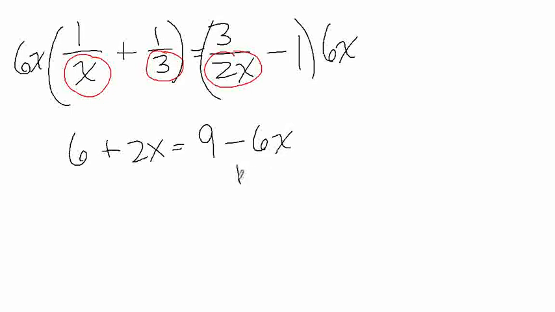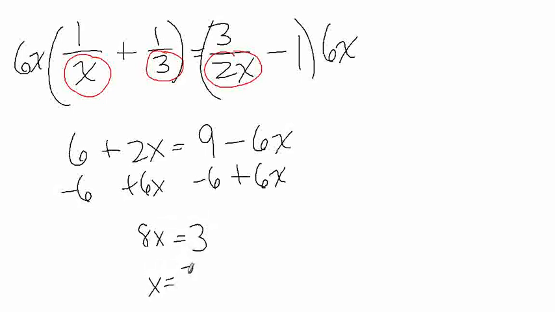All right, so then we solve that the normal way. Rearranging things, and so 8x equals 3, so x is 3 over 8. Go ahead and plug that into the original equation. You will see that that number indeed satisfies the original equation.